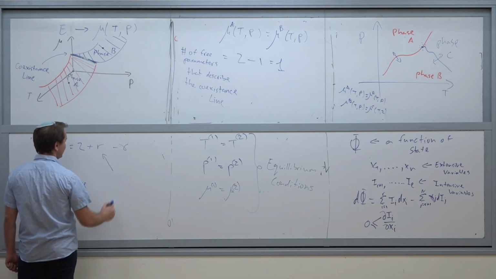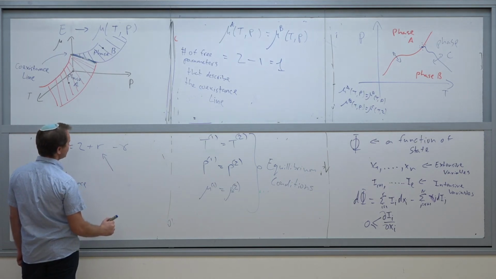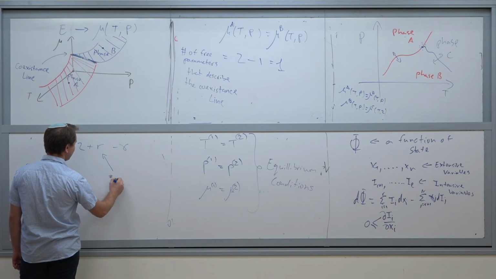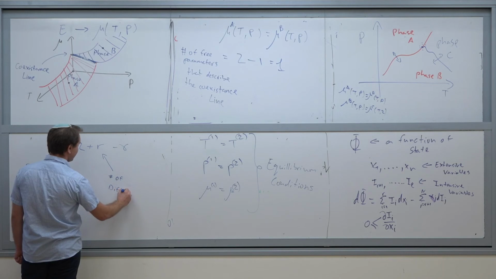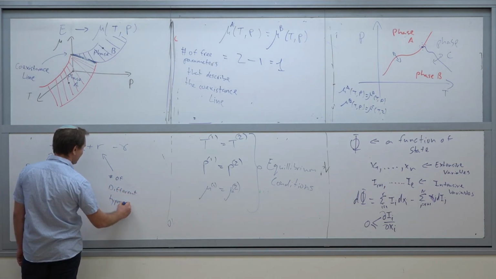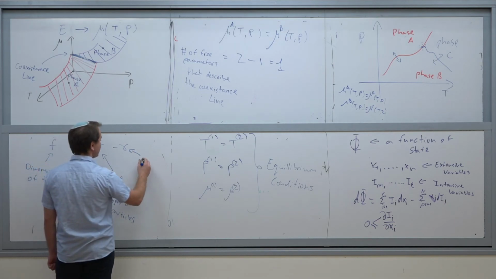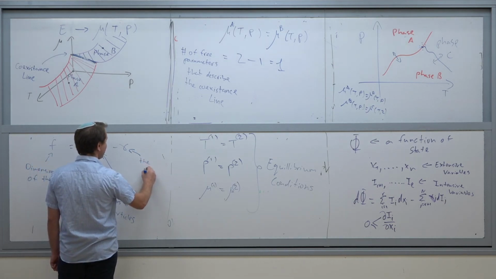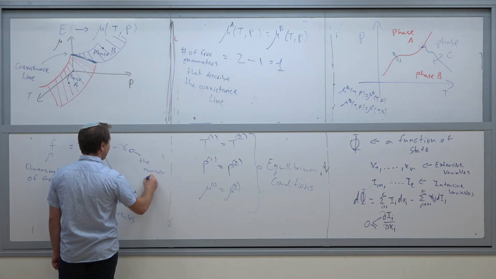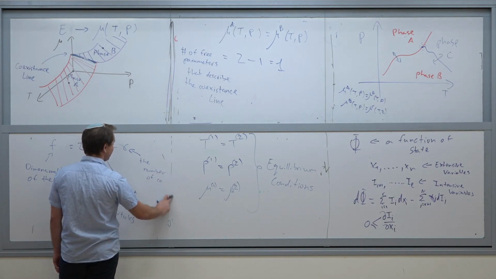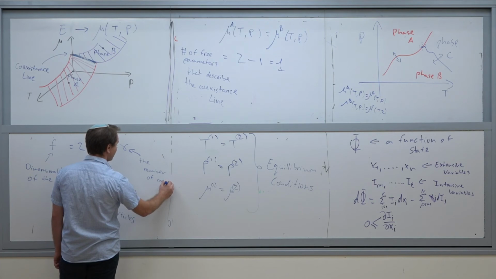R is the number of different types of particles or molecules, and gamma is the number of coexistent phases.